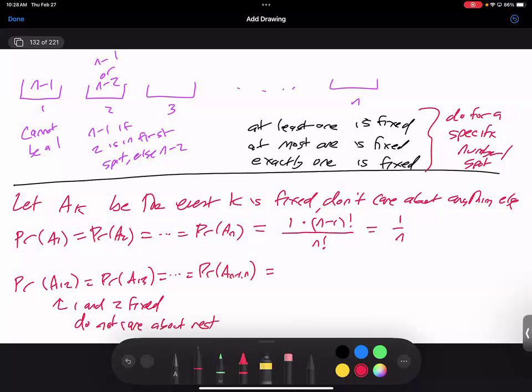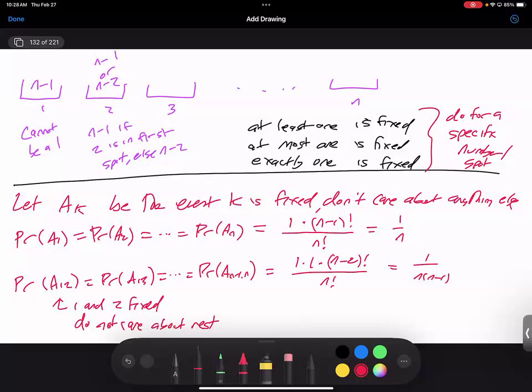So what's the probability that 1 and 2 are fixed? How many choices do I have for the first box? Just 1. How many choices would I have for the second box? I would also just have 1. And now I would have n minus 2 factorial ways to put everything in the remaining. Divide by n factorial, it's 1 over n times n minus 1. So is the pattern clear?